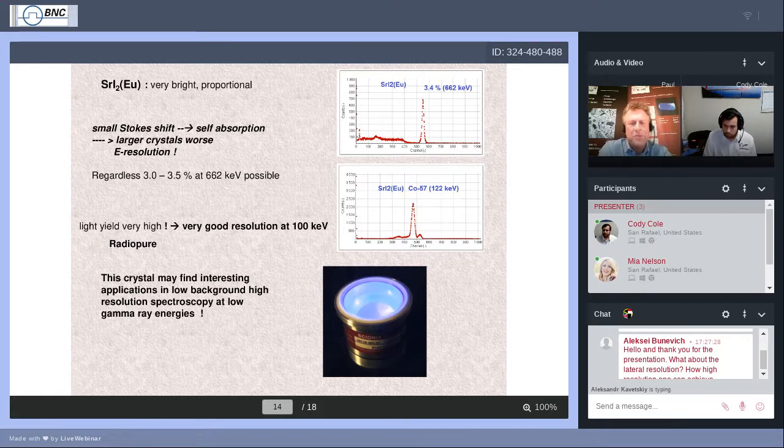The most radiopure material actually is strontium iodide. Unfortunately, we cannot use it in really large dimensions. Lanthanum bromide, LBC are not radiopure at all. CLYC is also relatively radiopure, but it is a rare earth cerium emission, so I'm not totally sure about that.